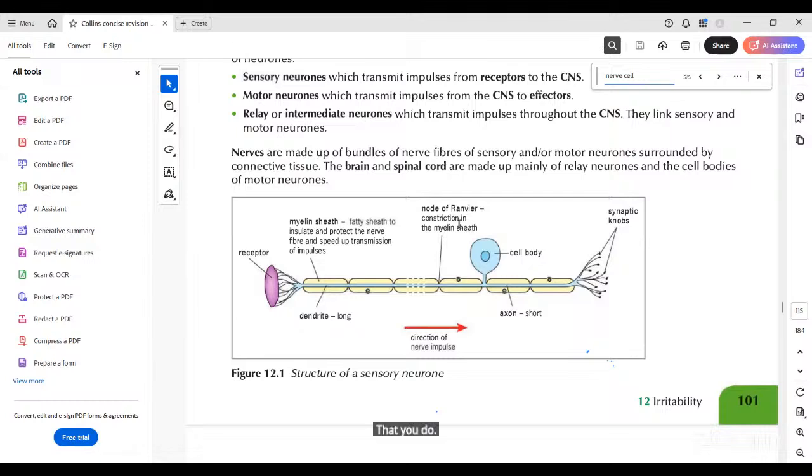Are the nerve cells located in the skin as well?